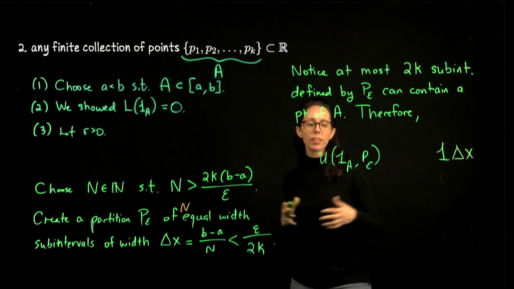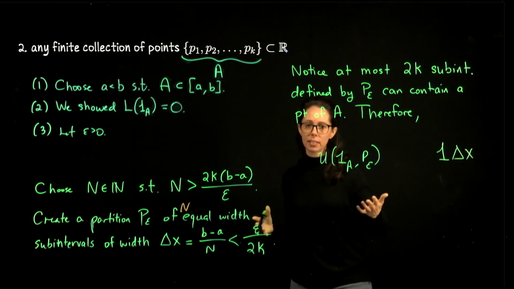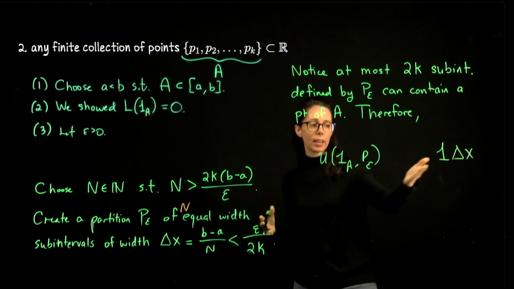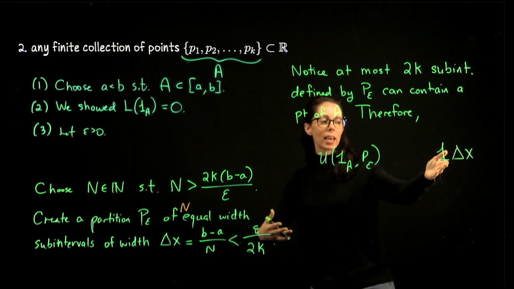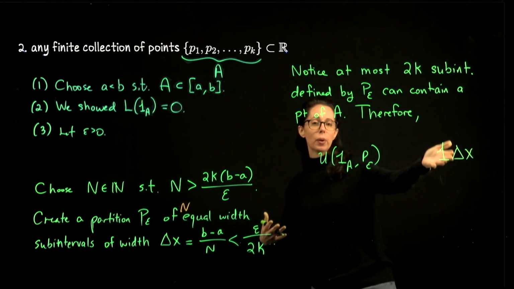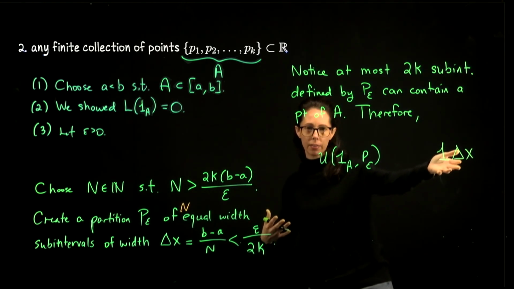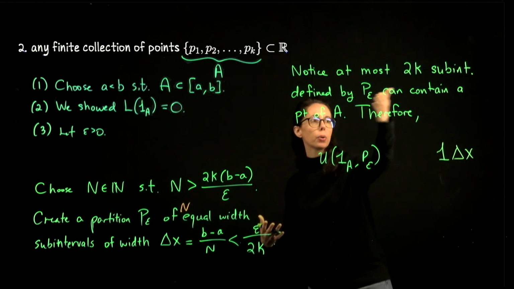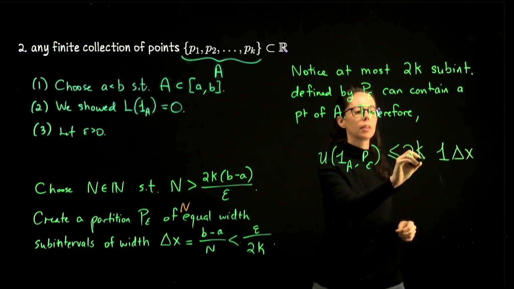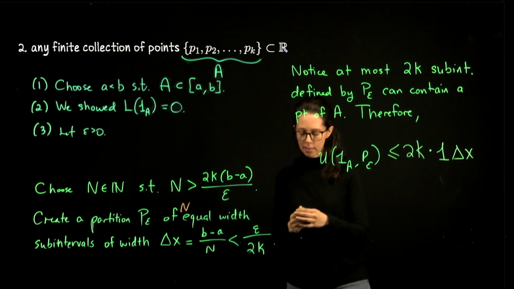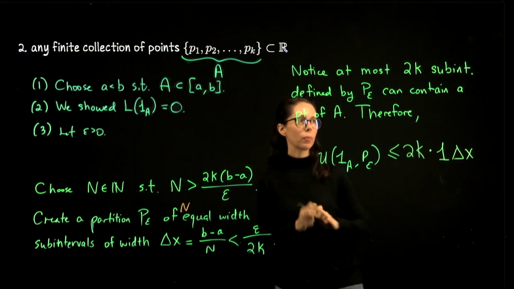And then every subinterval that doesn't contain any of these k points would have a sup value of 0, because the characteristic function would be constant 0 over the entire subinterval. So how many times might you end up adding this positive expression to itself? At most 2k times. So I'm going to say less than or equal to 2k times this.